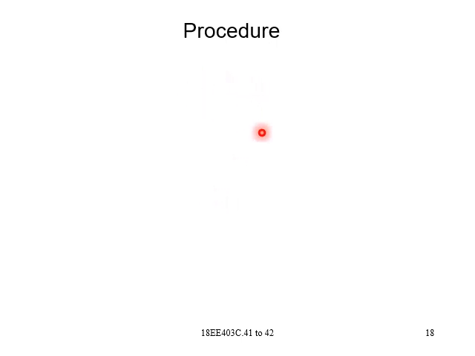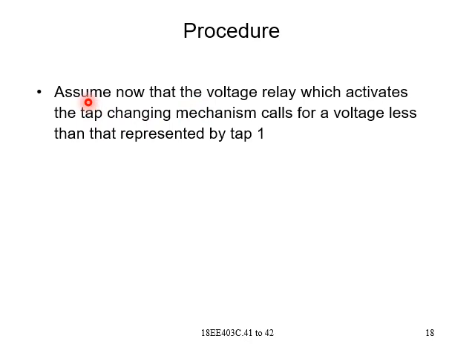The procedure for on-load tap changing is as follows. Assume now that the voltage relay which activates the tap changing mechanism calls for a voltage less than that represented by tap 1.